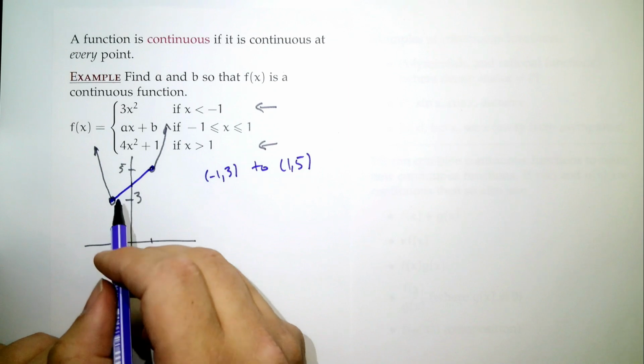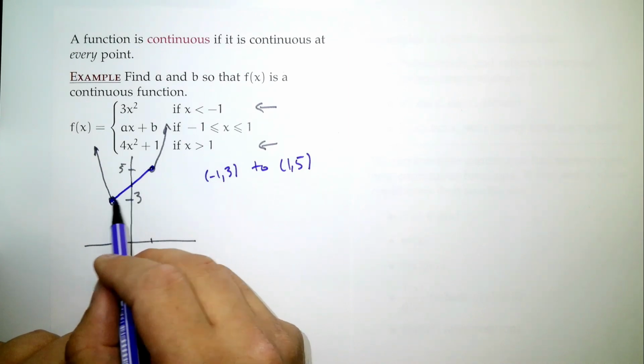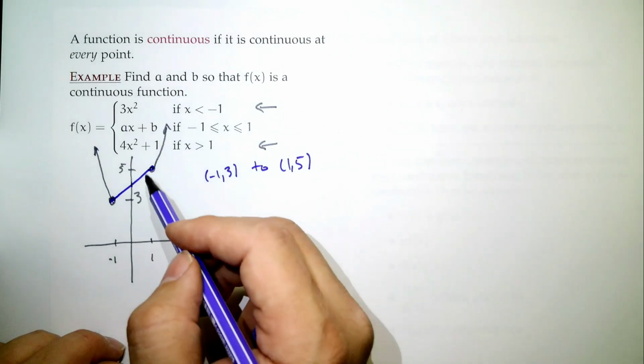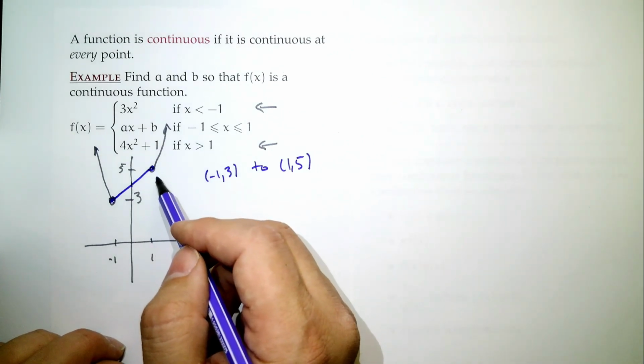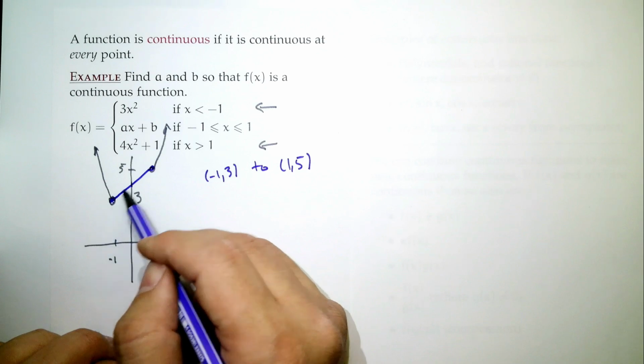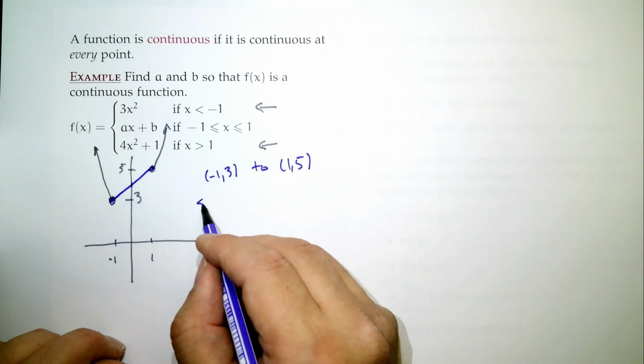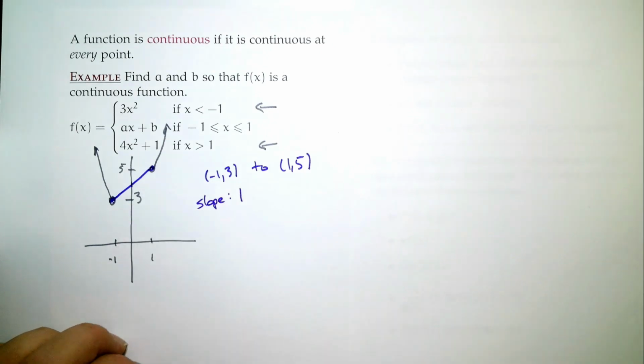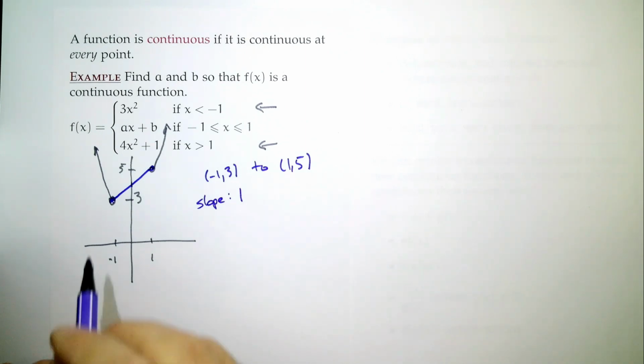Now, once we have that, it's pretty straightforward to figure out what that line is. For instance, what do we see? Well, we've gone over in the x direction from negative 1 to positive 1. How far have we gone in the y direction? We've also gone 2. So what's our slope? Our slope is 1, because we went over 2, we went up 2. So it's the same change in x, same change in y. Where's the intercept going to be?